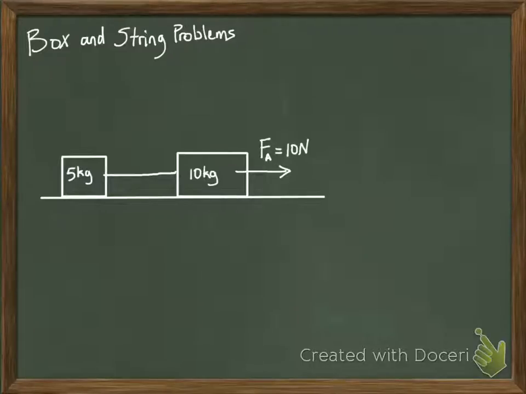College Board usually talks about there being a massless string that does not stretch, things of that nature. One of those lovely, wonderful, impossible strings that only exist where unicorns and fairies play. But in this case, we have a 5 kilogram mass attached by one of these impossible strings to a 10 kilogram mass.